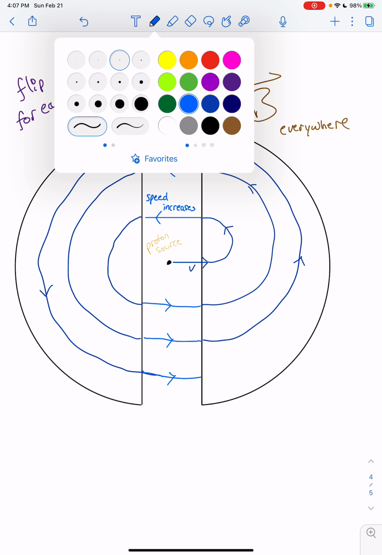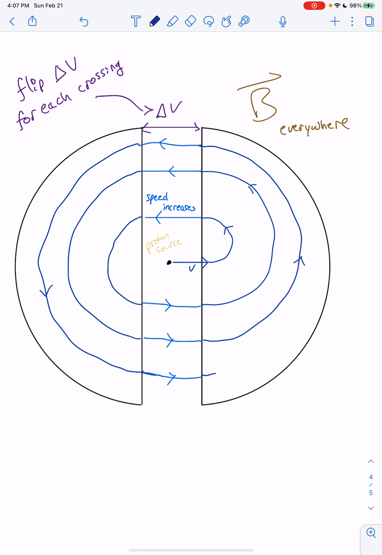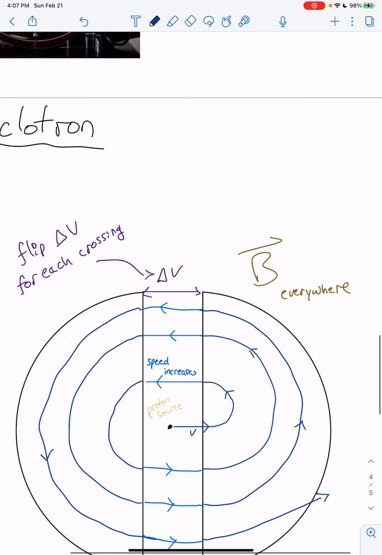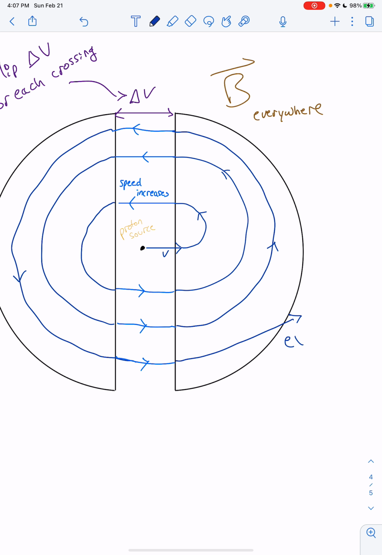And eventually, of course, it's going to exit. And usually this is very purposeful. So we're going to have an exit point. So this is going to be some high energy, high velocity particle beam.